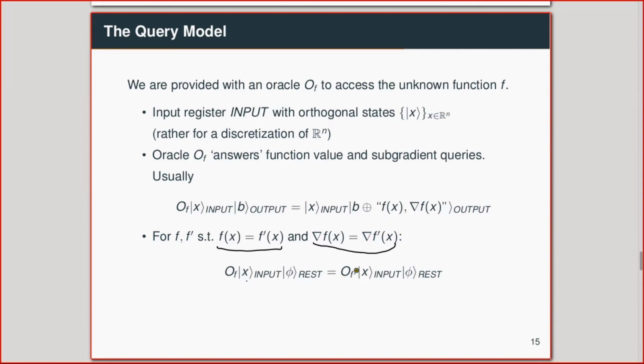As long as our input is x, it doesn't matter whether we're querying f or f prime, the output should be the same. That's the only restriction we ask of the algorithm designer. Okay. It makes clear sense in classical, but things get a bit messy in quantum.